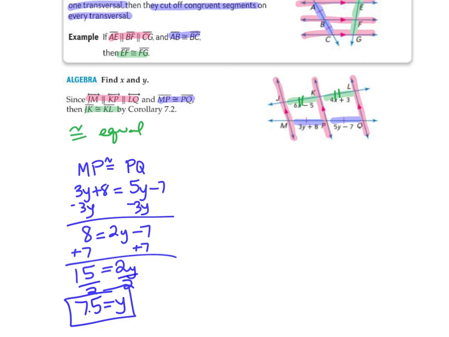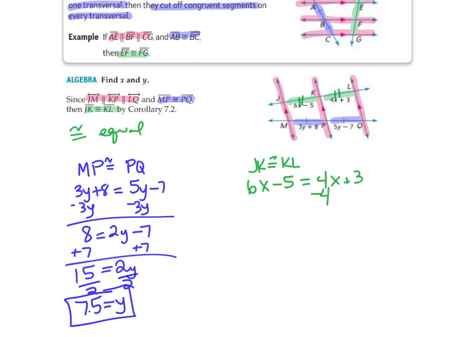And then last but not least, JK we're told is congruent to KL, because again, this transversal is being cut by 3 parallel lines. Okay, so we have 6x minus 5 equals 4x plus 3.